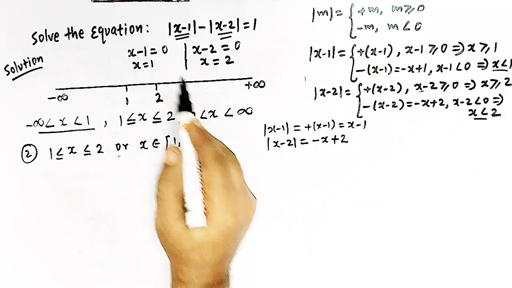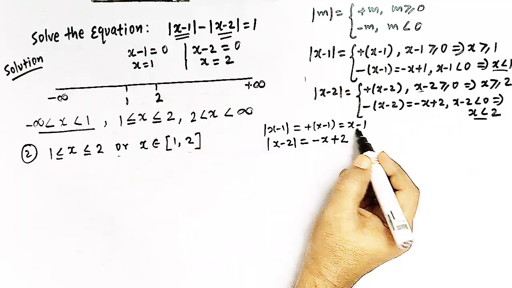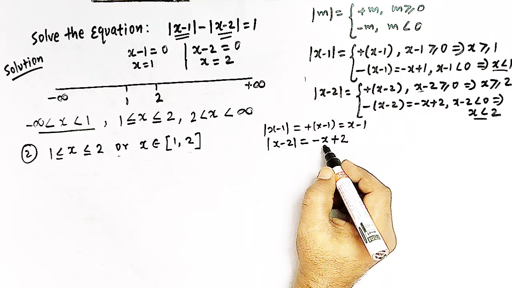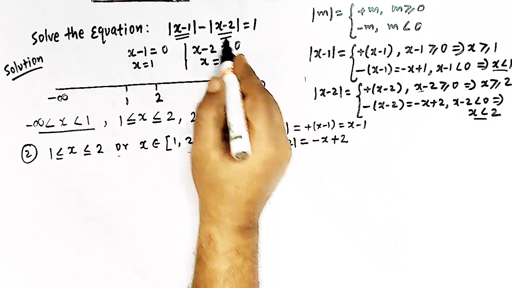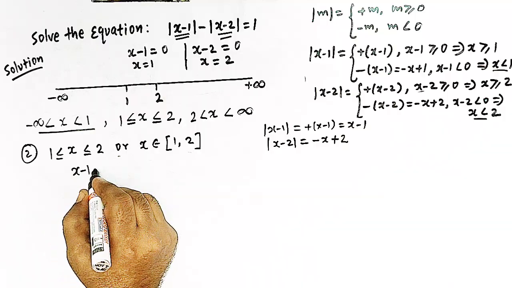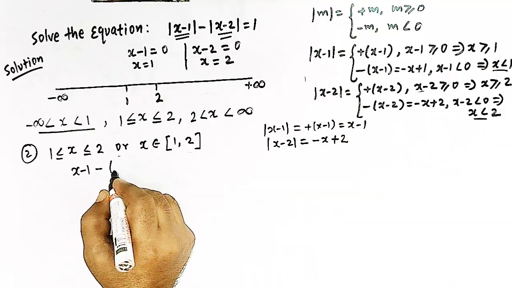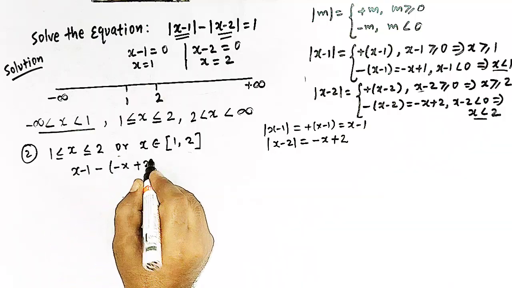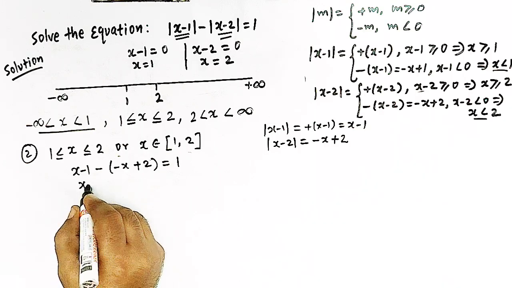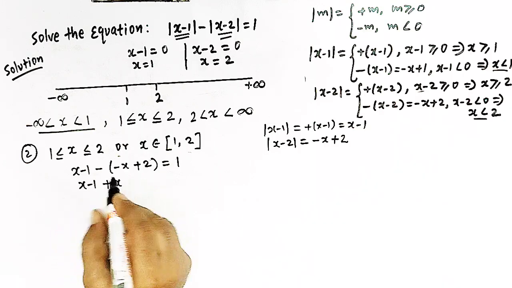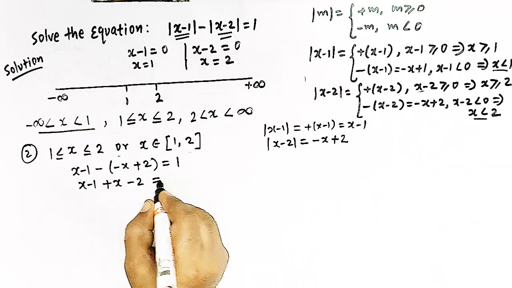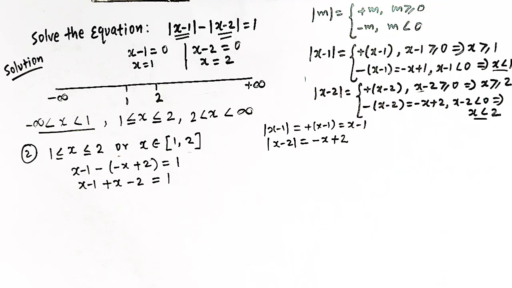So now replacing mod of x minus 1 by x minus 1 and mod of x minus 2 by minus x plus 2 in this equation, we can now write x minus 1 minus, and we have minus x plus 2, and here we have 1. So we can now simplify it. This is positive x, then we have minus 2 is equal to 1.